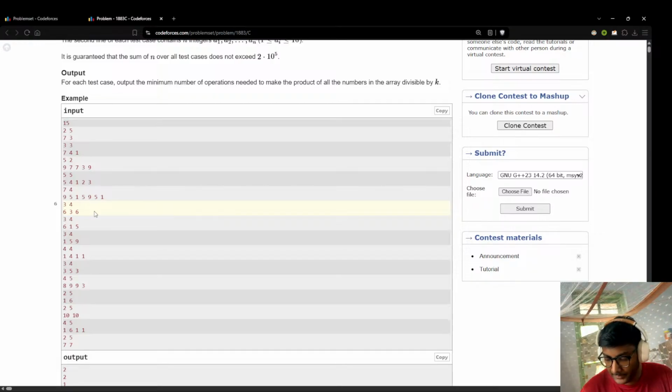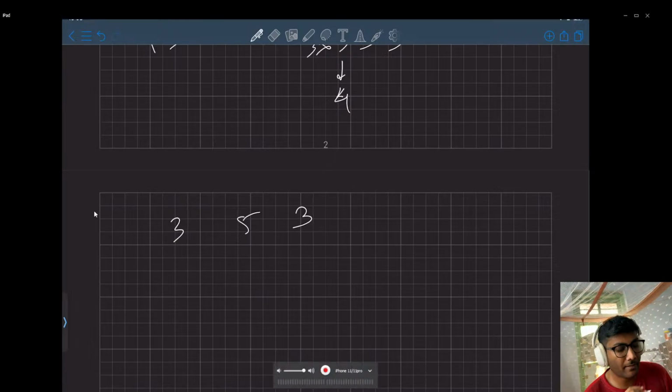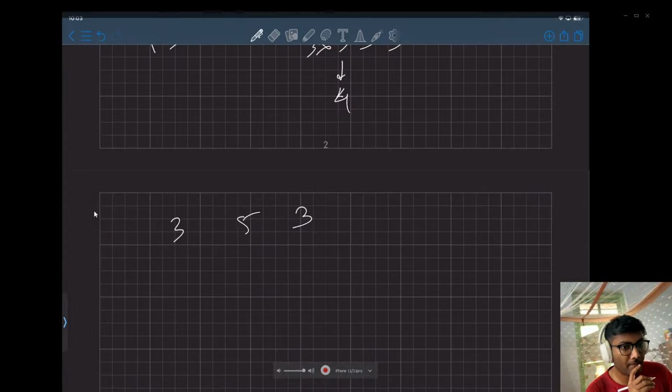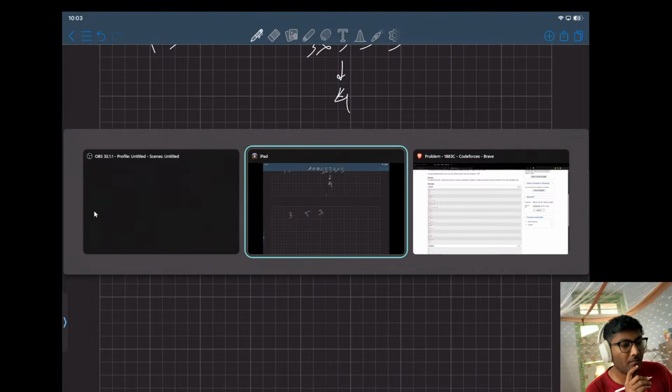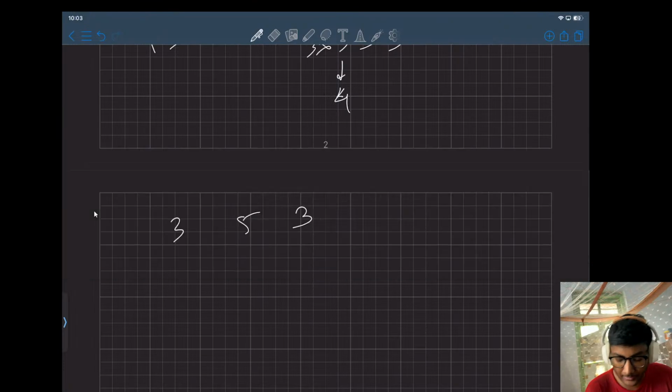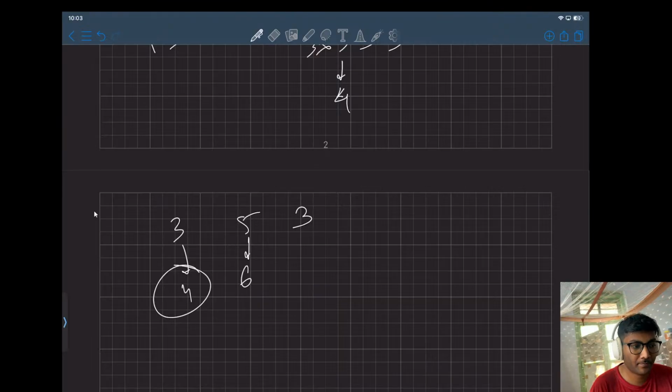So for example, assume 3 5 3 is given. In that case, I have two options. I can make 5 into a 6, or I can make 3 into a 4. This is what I will choose.